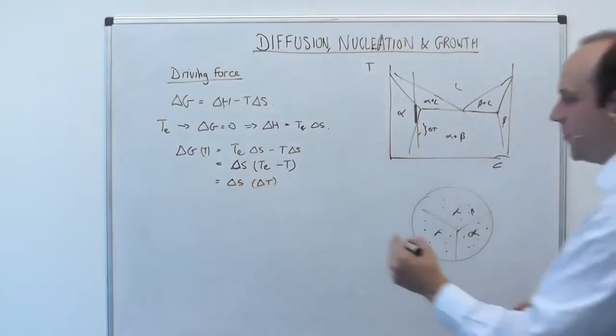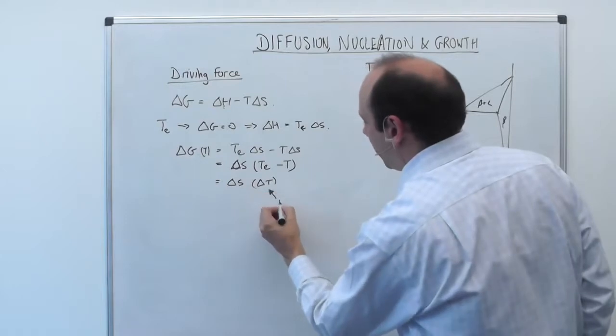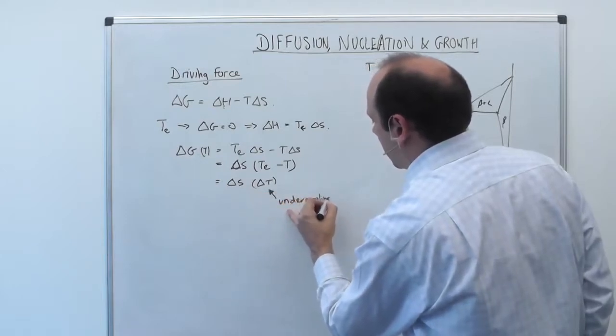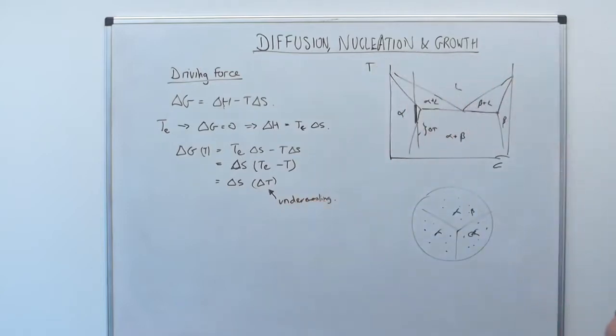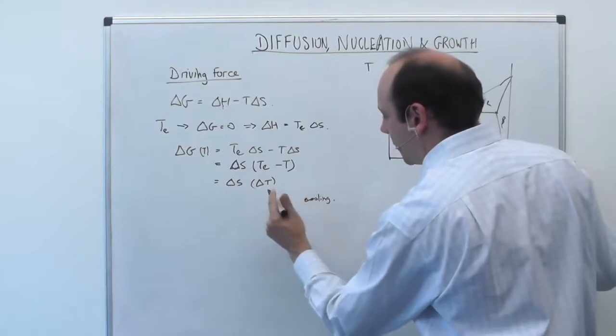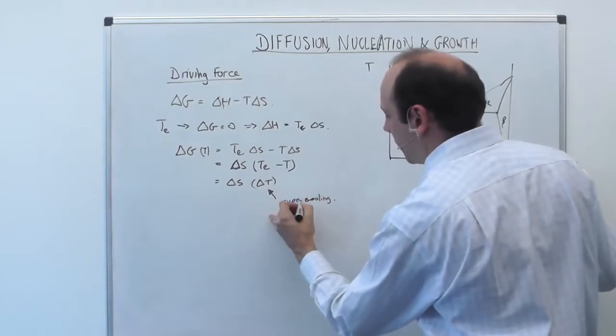And that's called the amount of undercooling we have. So this is the supercooling. It's another term that's a synonym for it.